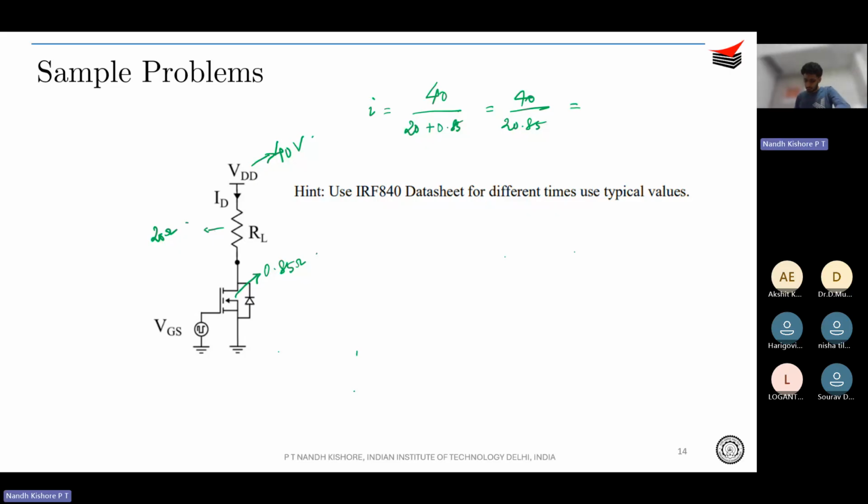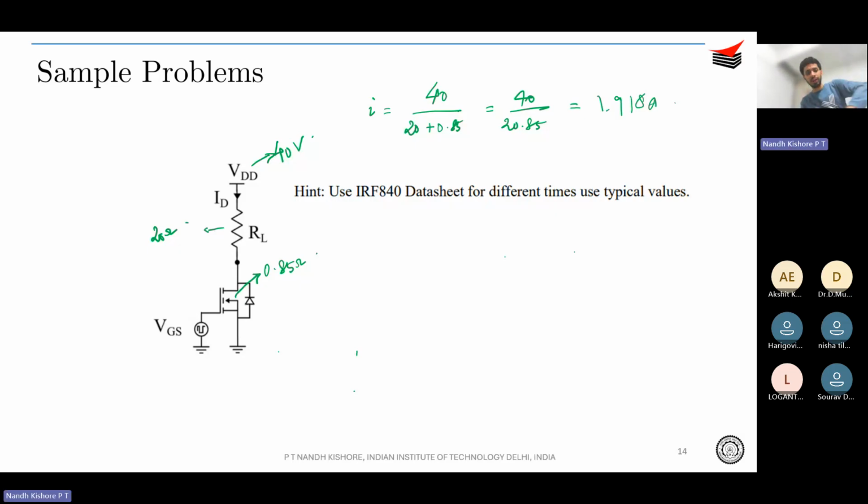So it will be roughly 1.918. So I is 1.918 amperes.